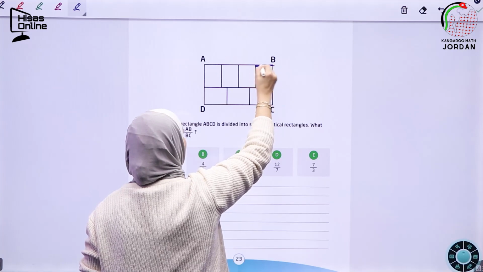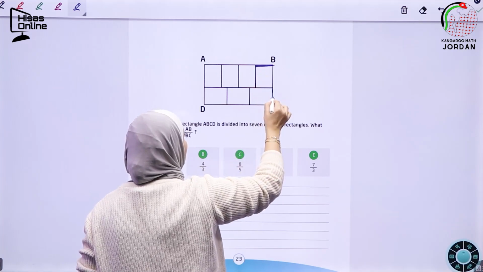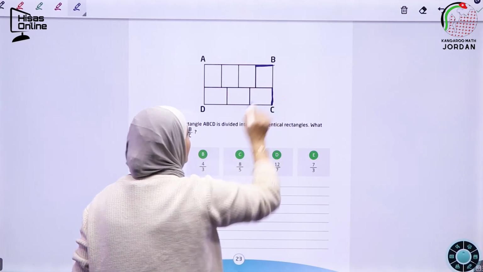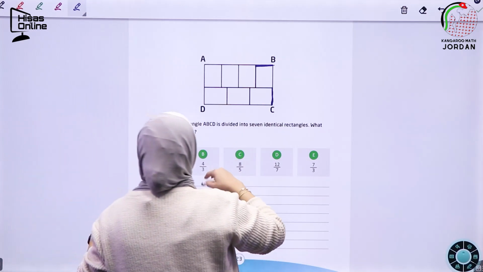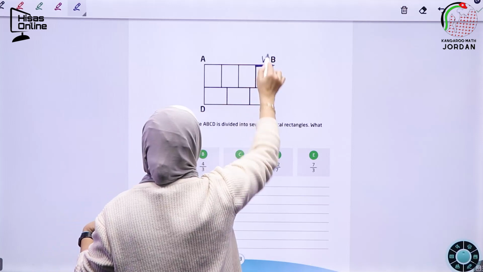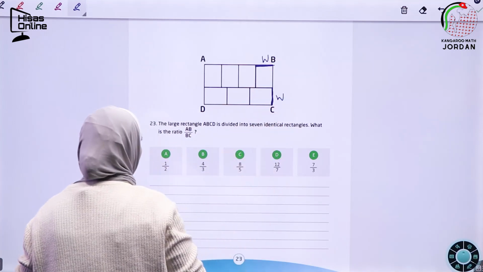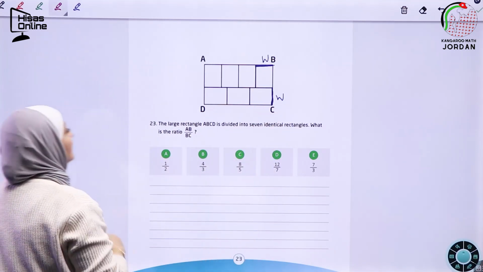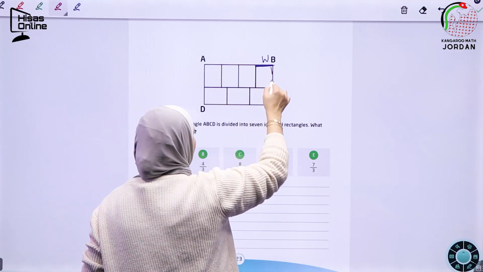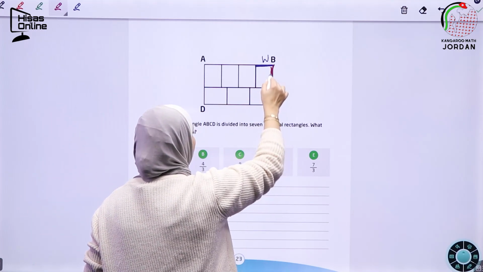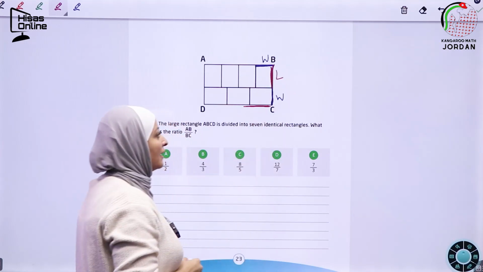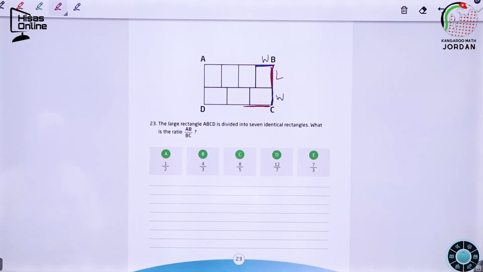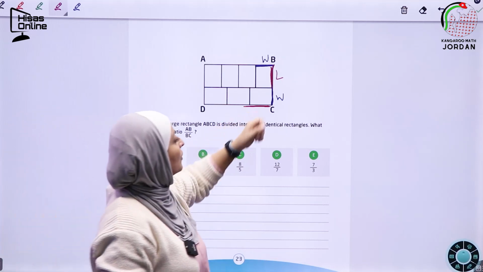This line here is the same as this line here. If this is the width of the rectangle, and this is the width, this one is the same as this, right? Let's assume that this is the length, and we put it here.